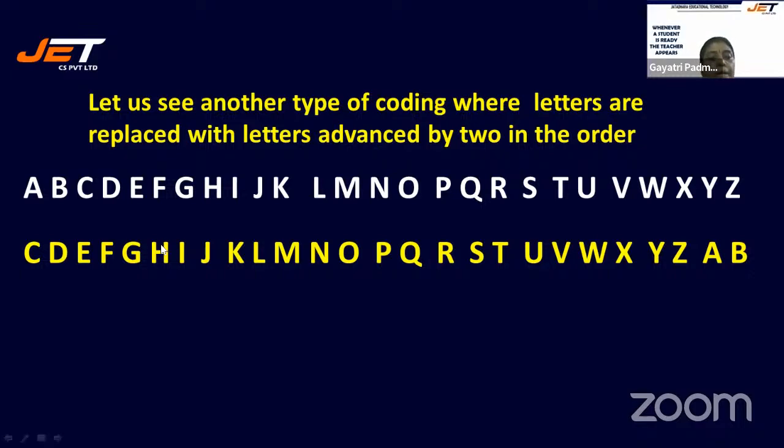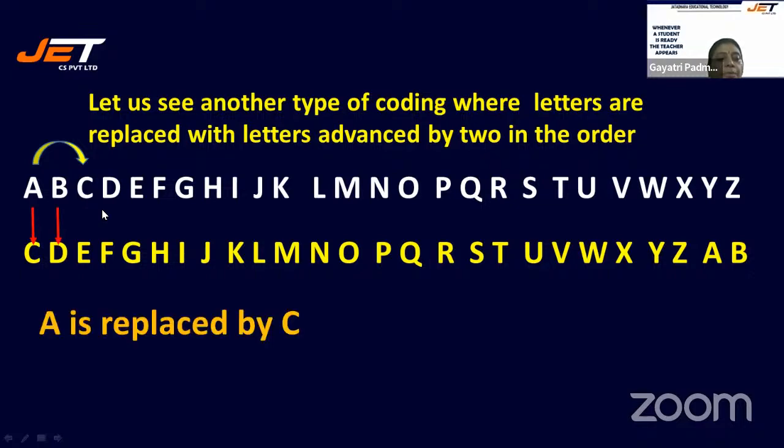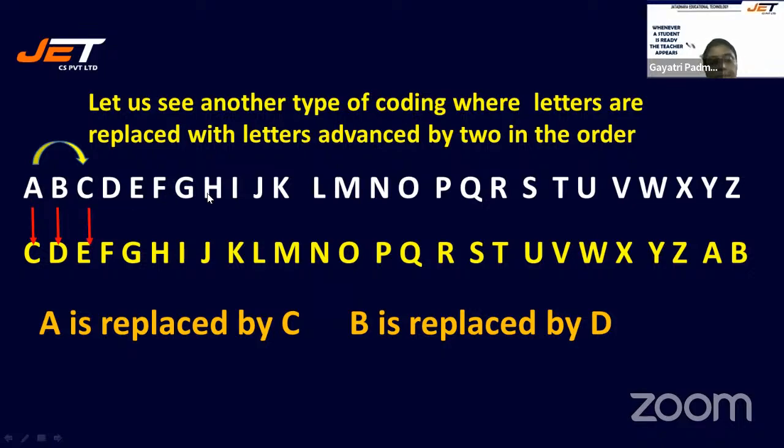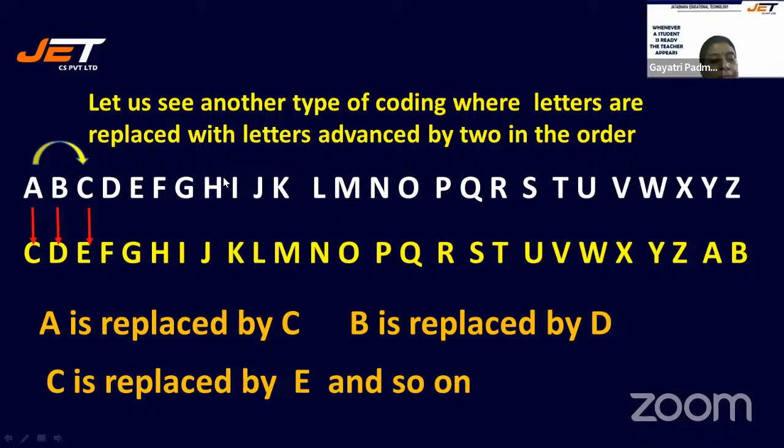Here, we are going to advance by 2 letters, which means for A, we are going to write C. So we are going to skip B, we are going to write C. For B, it would be replaced as D. So C will be skipped and we are going to write D. Right? And for C, it is replaced by E and so on. Fine?